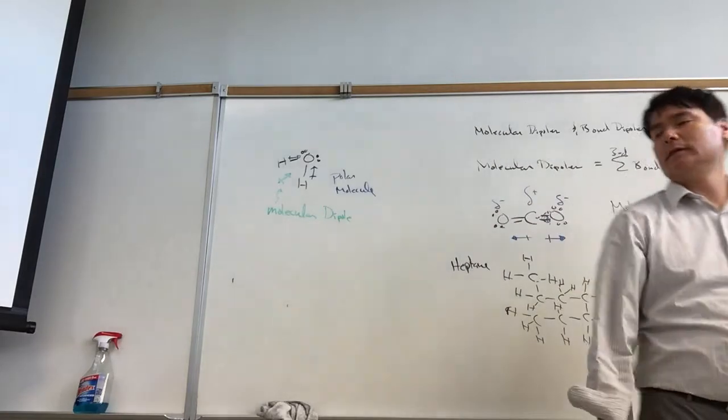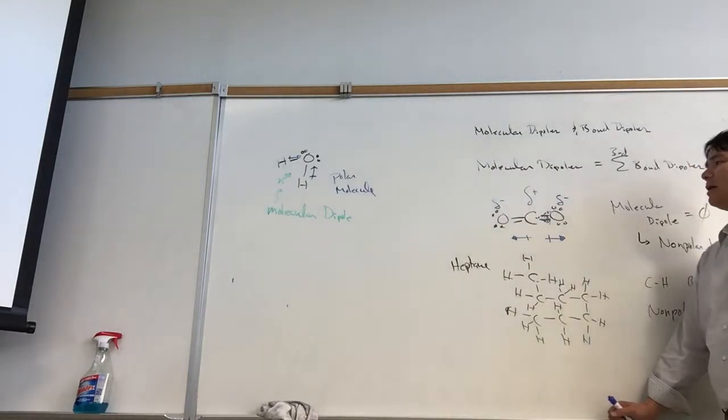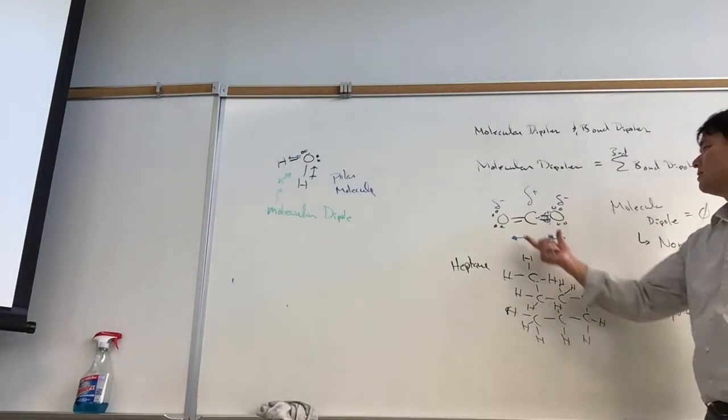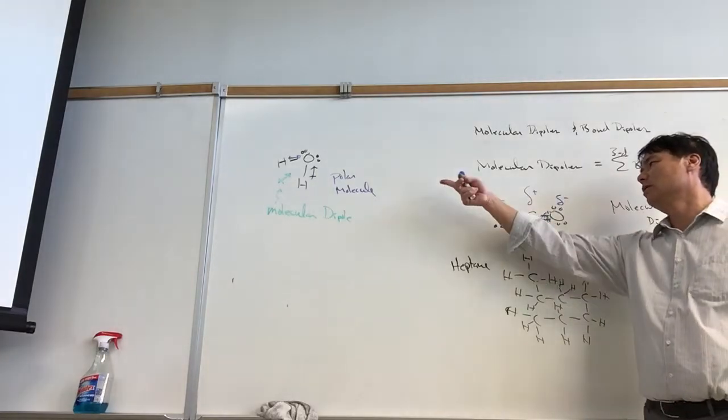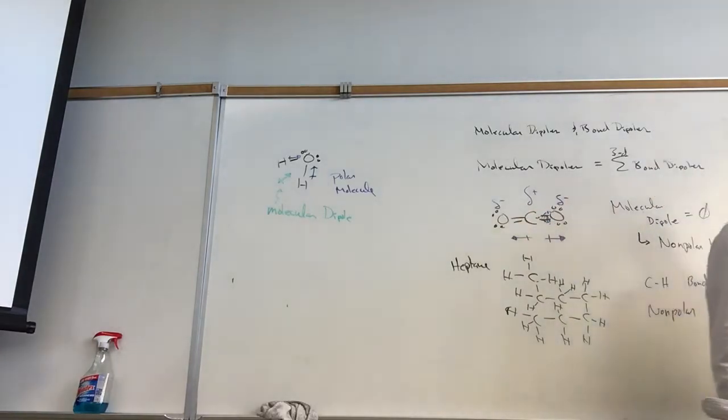So certain things we can figure out based on this polarity. For example, CO2 is nonpolar, water is polar. So does CO2 dissolve in water? No, it bubbles out. Very little CO2 dissolves in water. Most of it just bubbles out because it's not very soluble. It's not very soluble because we have a rule.